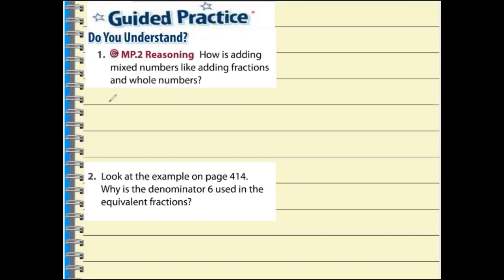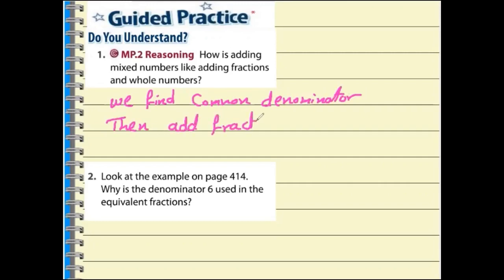How is adding mixed numbers like adding fractions? So we find a common denominator, then add the fractions. After that, the difference here is then to add the whole numbers.